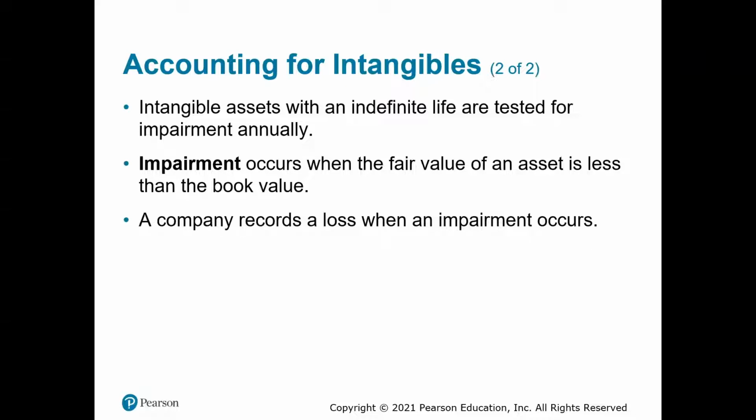So in other words, there has been a permanent decline in the value of the asset. So if an impairment occurs, the company records a loss in the period during which the decline is identified.